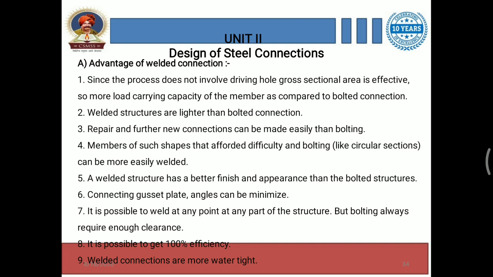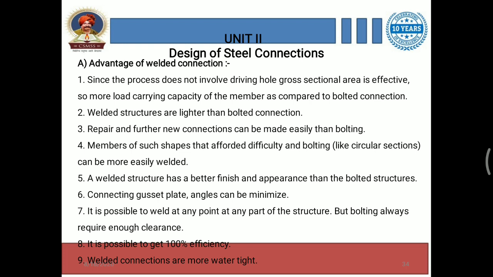We can weld the structure at any time, at any place. But bolting always requires enough clearance, so bolting is not possible everywhere like welding.